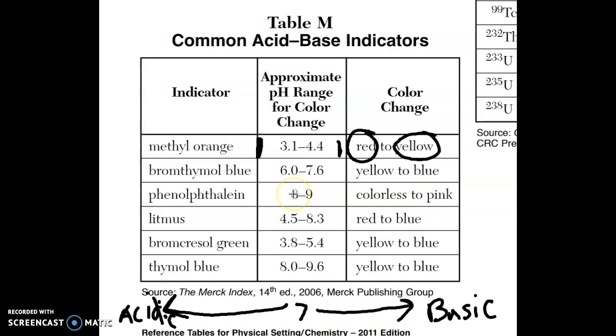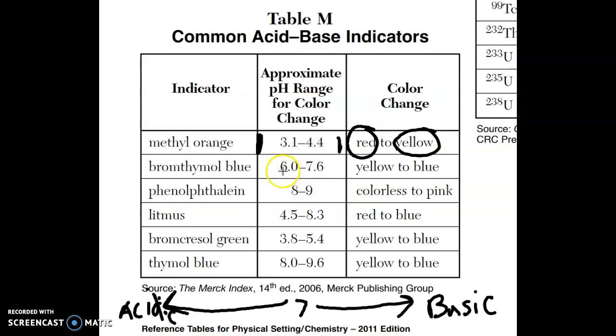Alright, let's look at bromothymol blue. It changes color between a pH of 6 and 7.6. If you have a solution below a pH of 6, it's going to be yellow. If you have a solution above a pH of 7.6, it's going to be blue.